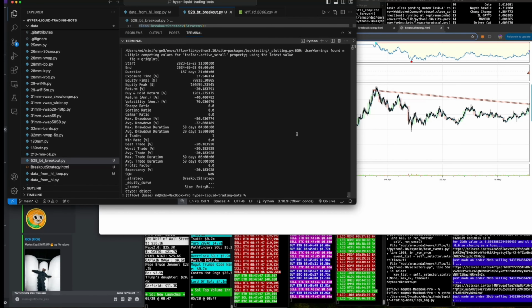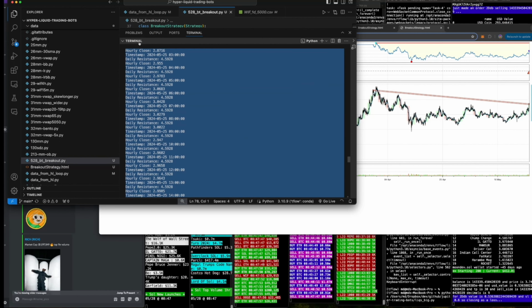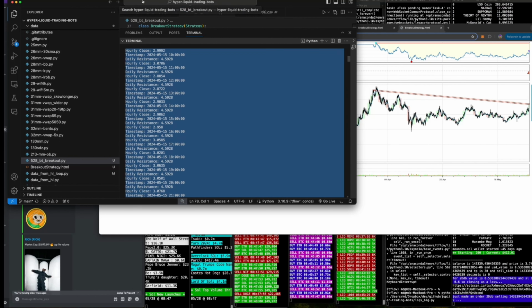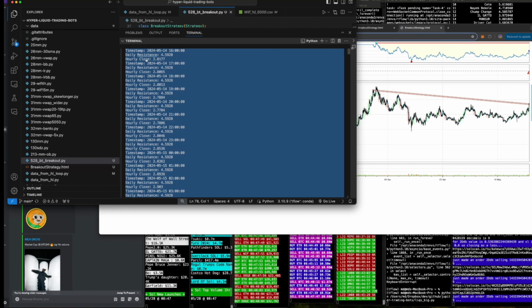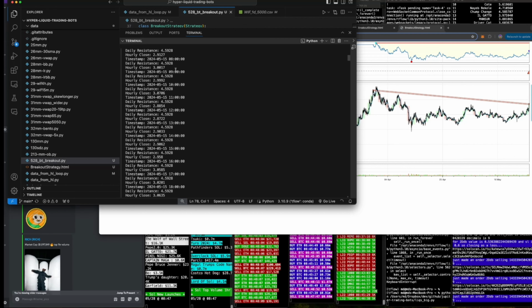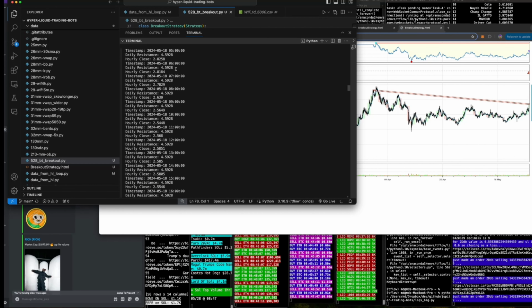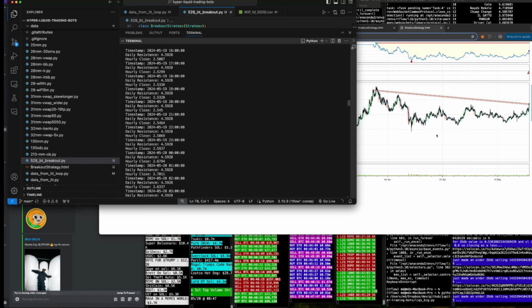The ATR, maybe that's it. Maybe the ATR is based off the wrong thing. Yeah, that could be it. Okay, let's give it all the trades and stuff. That's not all of them, but you can see the daily resistance is 4.5. Okay, I see what happened. 525 is just a couple days ago, so 459 is up here.